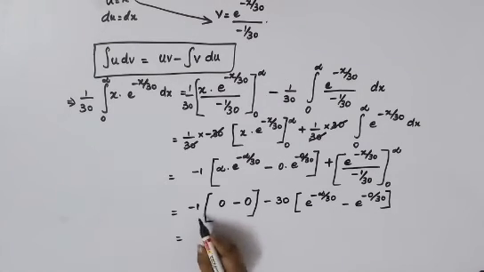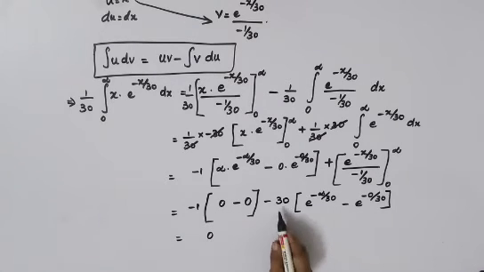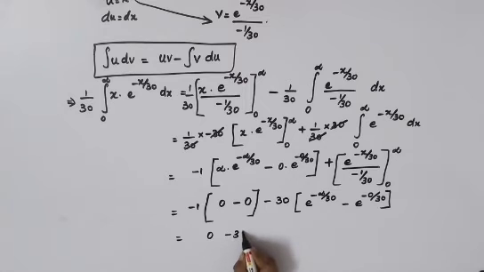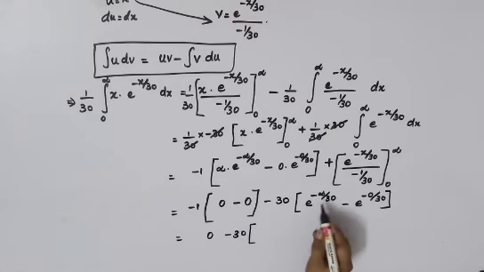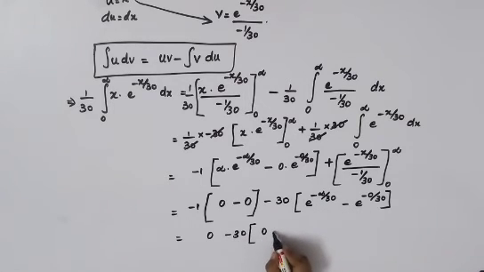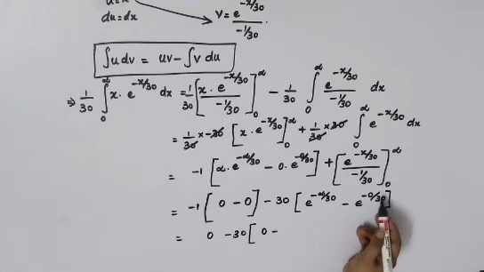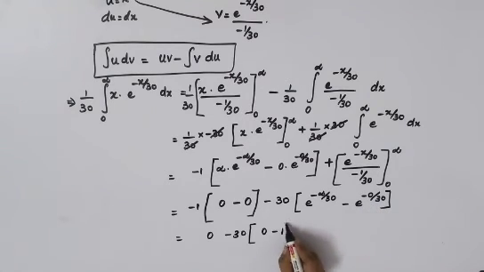So the whole first thing becomes 0 and you have minus 30 into e power minus infinity, which is 0, minus e power 0, and 0 divided by 30 is 0 only, so e power 0 becomes 1. Now the first part is 0, you can remove it, and in this part the first part is 0, so minus into minus becomes plus. 30 into 1 is 30.